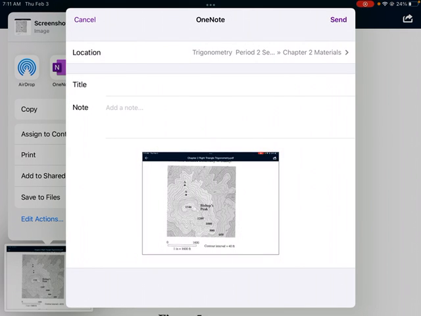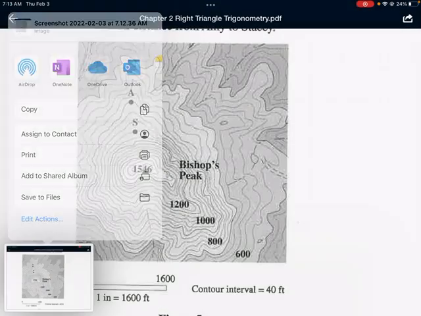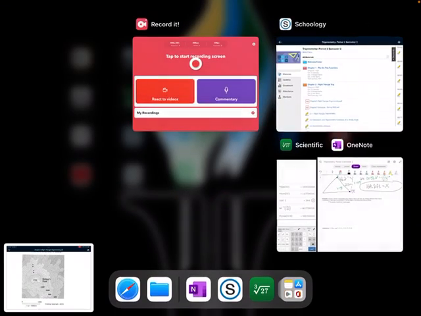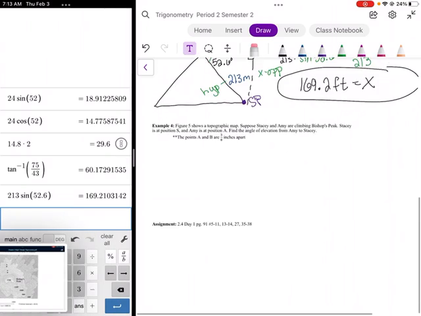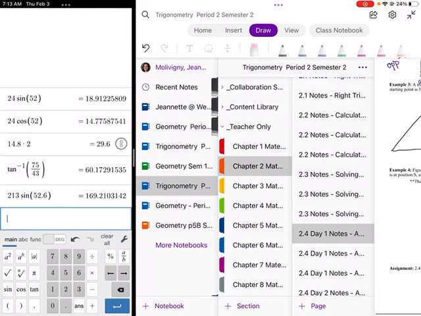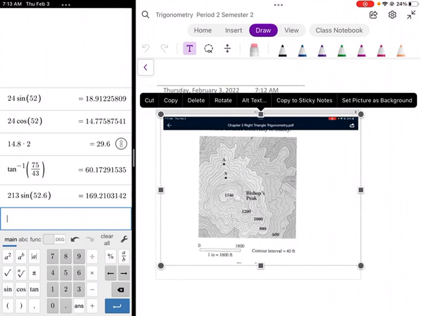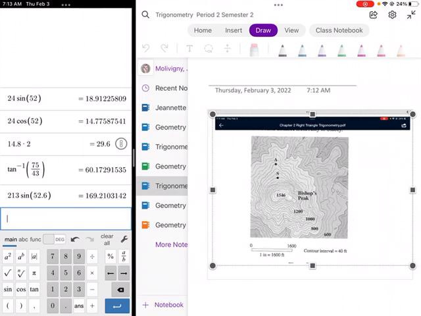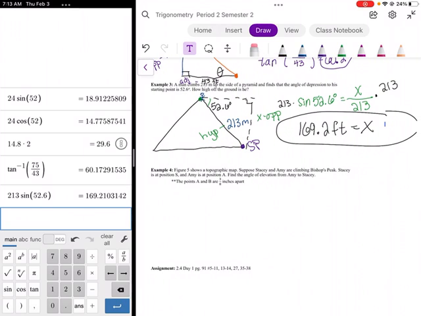Okay, and then, let's go get that. Let's copy that. Sorry about the wait for this. I did not realize I did not have that picture in there. There we go. That's not what I wanted to do. Paste. Okay, so now we have our picture.